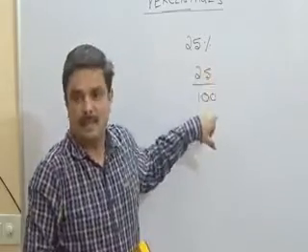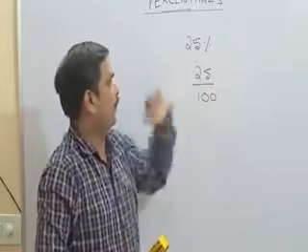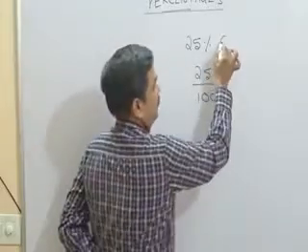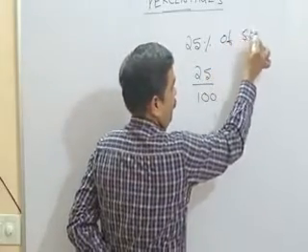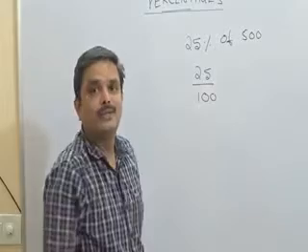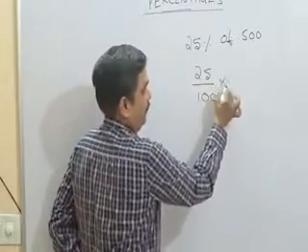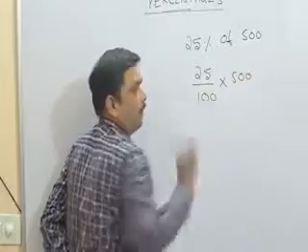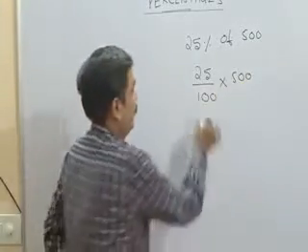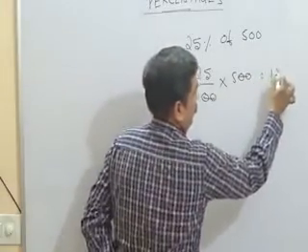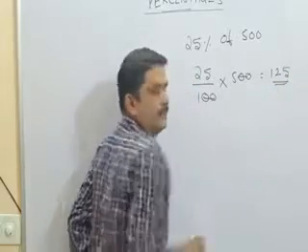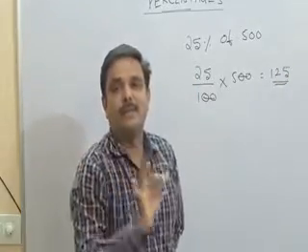Suppose you want to find out what is 25% of 500. Simply we can say 25 upon 100 times 500. Clearly it is going to be 125. This is the basic level understanding of percentages.